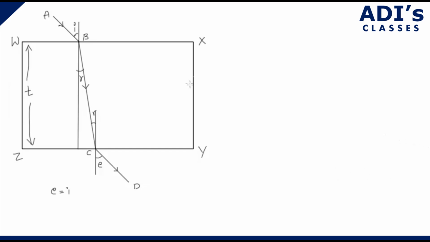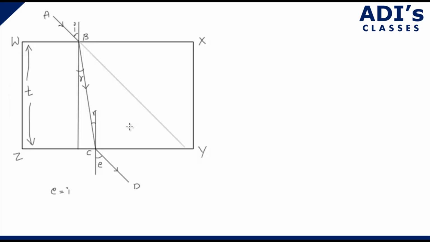To understand that, first you need to know how this lateral shift works. If this glass slab was not there, then this particular ray of light would have traveled undeviated in this particular way, correct? So this is the undeviated ray. But because of the glass slab, it is getting refracted. That means from C, it has been deviating.